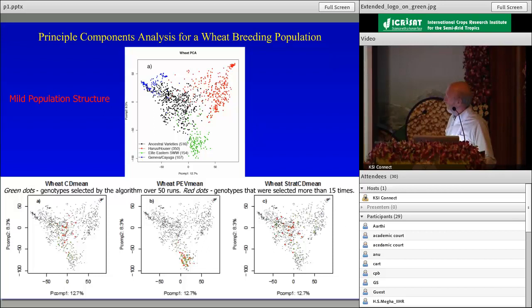The green dots are the ones that were selected, and the black dots are the ones that were never selected by this algorithm. The CD mean tended to select individuals that were more in the middle and down here. The PEV mean tended to select individuals in this area. But the stratified CD mean was very effective at sampling the variation all across these PCs.